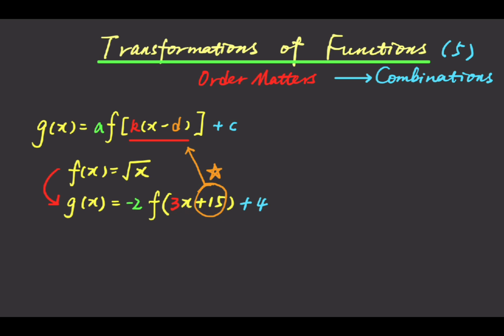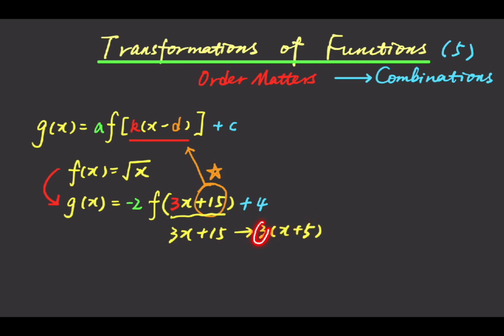You must transform this part, 3x plus 15, to this expression. That is to say, you must isolate 3 from the bracket. Put the 3 outside of the bracket. Inside the bracket, just x plus 5 is left.